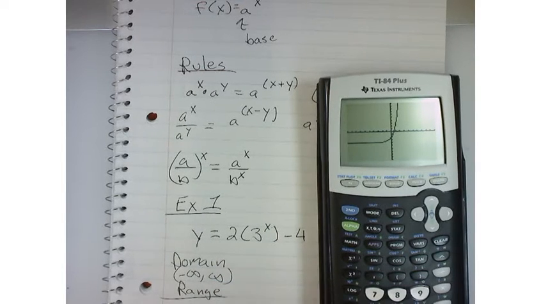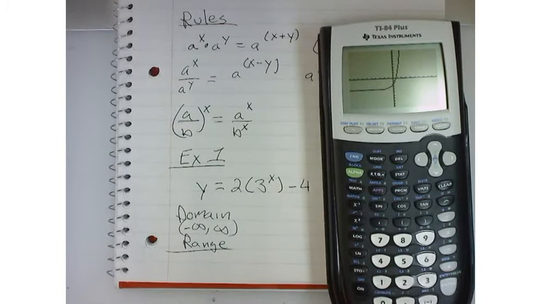So now for the range, well, we have some limitations there. What's 3 to the 0 power? 1. And so that could be 2 minus 4, which is negative 2. And so we've got to determine what is the lowest value. Can I ever make this close to 0?